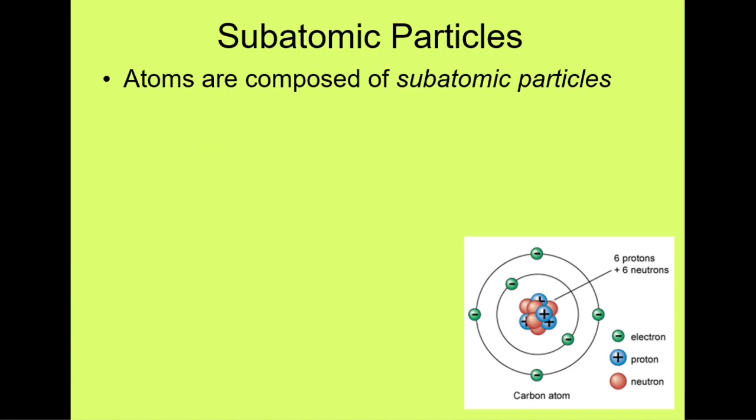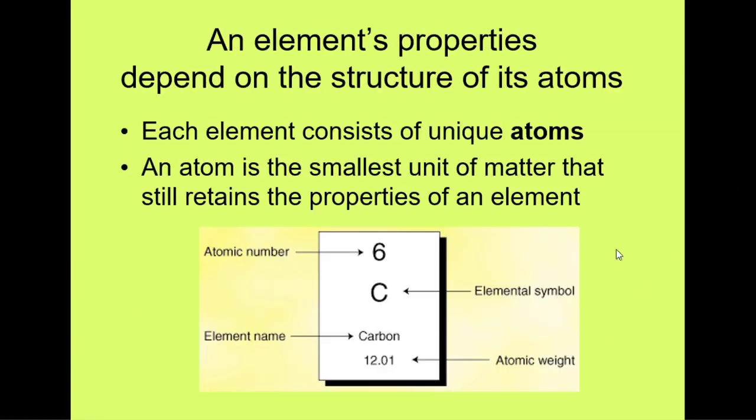We can go back to the previous slide to our periodic table representation of carbon, and we can now discuss what those two numbers mean. First off, at the top we've got the atomic number. For carbon, that is 6. What that number tells us is the number of protons in the nucleus of an atom of carbon.